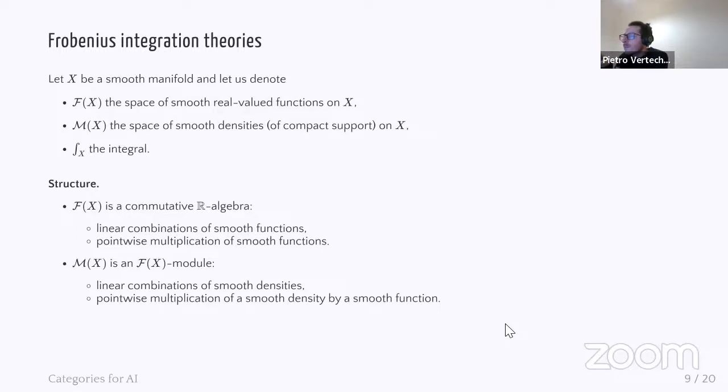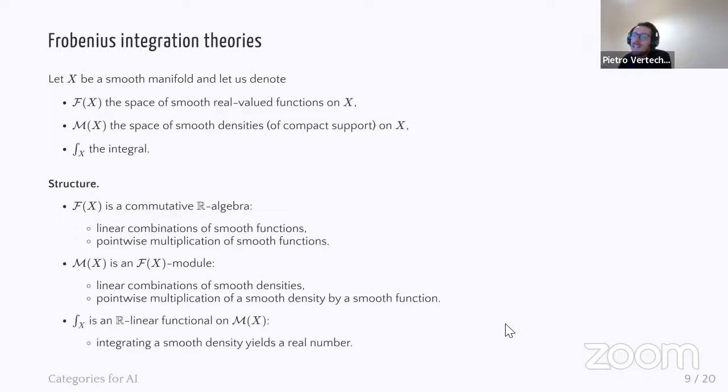So this is what it means to be a module with respect to an algebra. I have this multiplication of an element of the module with an element of the algebra. And finally, the integral is simply a linear functional on M(X). So it takes as input a smooth density, and it yields a number, which is the integral of the density on the whole manifold.